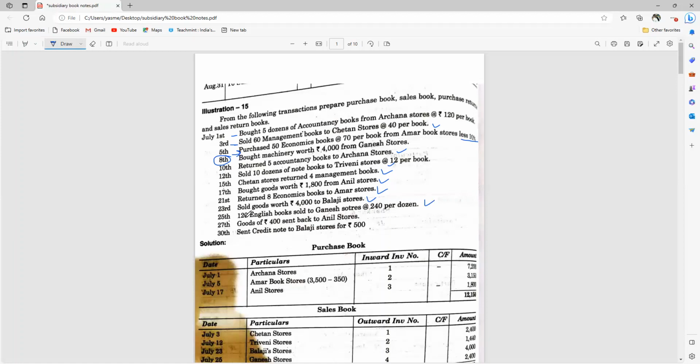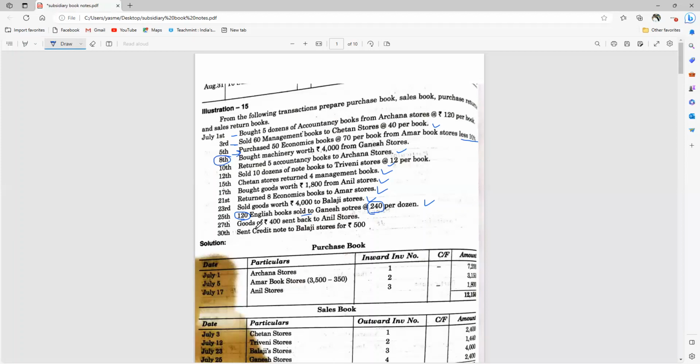So 120 English books means how many dozens? 1 dozen includes 12 pieces, so 120 divided by 12 is 10 dozen books, out of which each dozen is 240 rupees. 10 dozens into 240 rupees is 2,400 rupees, which should be recorded in the sales book, sold to Ganesh.